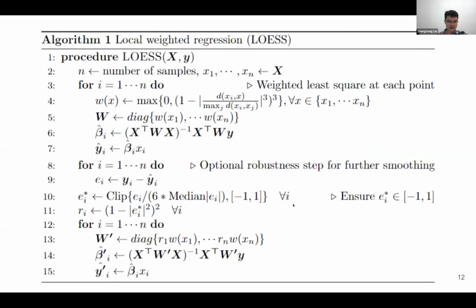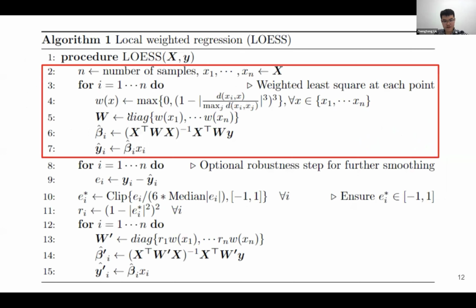And this is my attempt to replicate the LOWESS regression algorithm. Let's first focus on the first part. For each point, this is a double loop. We construct the weight matrix, and for each term, we assign weights according to the distance to the current point.